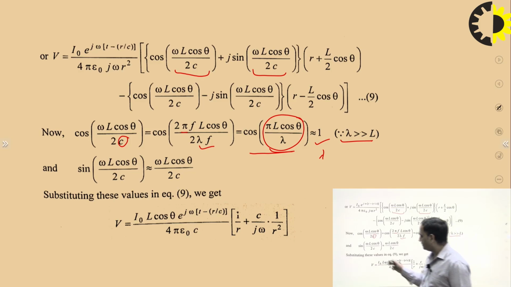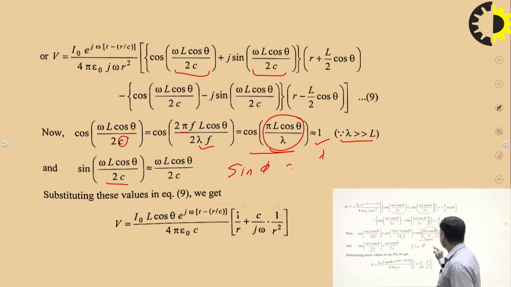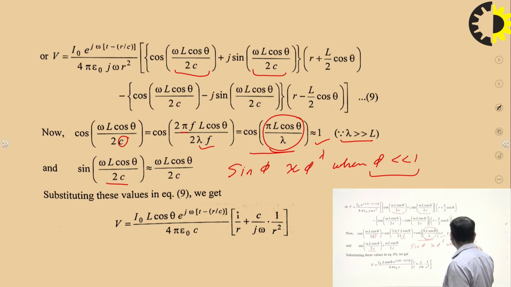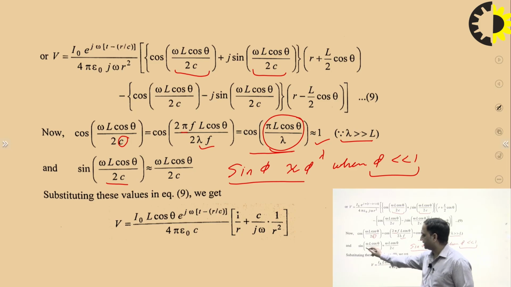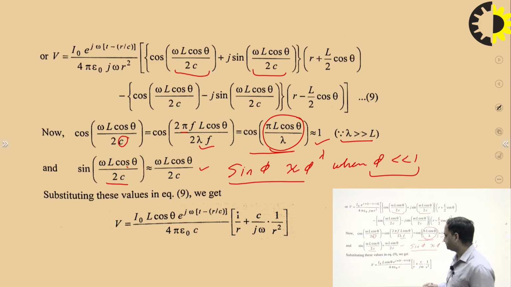Now come to the sine function. For this sine function, we know that sin phi is equal to phi when phi is very much less than 1. So we can use this approximation: sin of omega L cos theta upon 2c will be equal to omega L cos theta upon 2c.